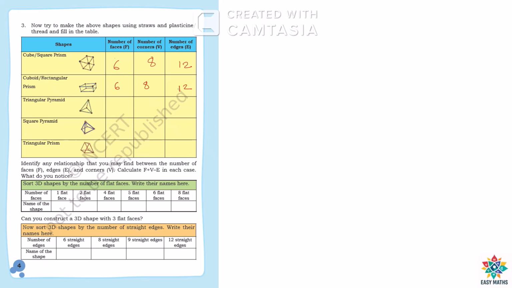Triangular pyramid is having 4 faces, 4 corners and 6 edges. Square pyramid is having 5 faces, 5 corners and 8 edges. Triangular prism is having 5 faces, 6 corners and 9 edges.